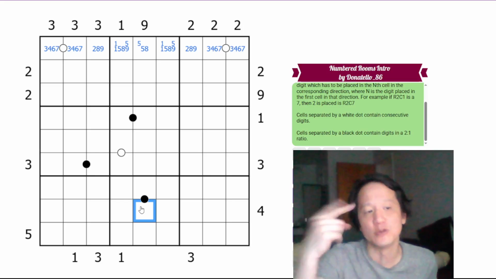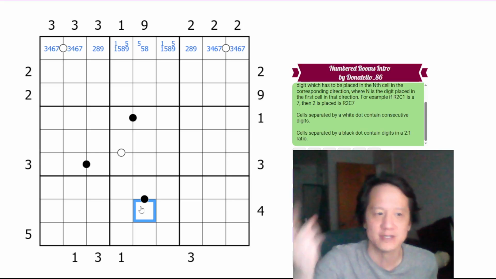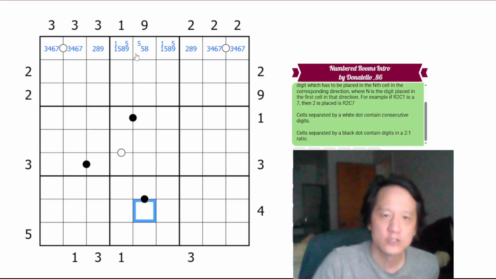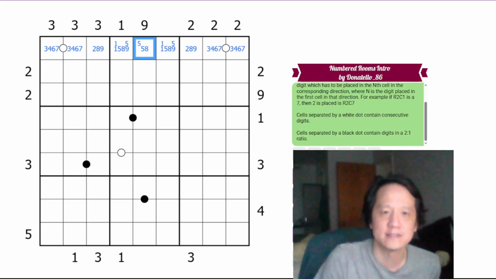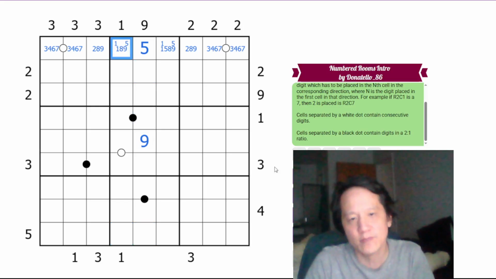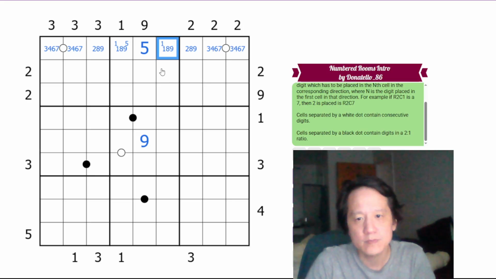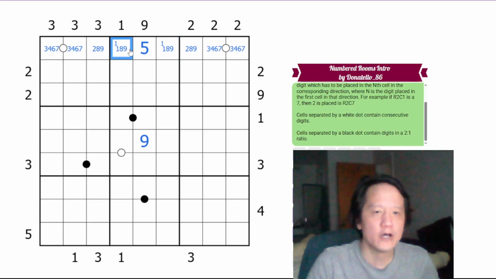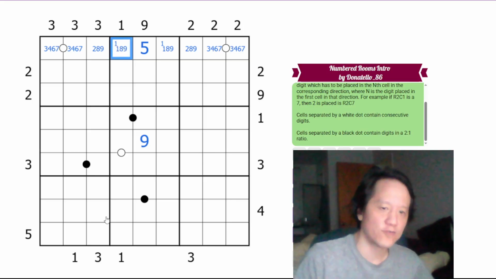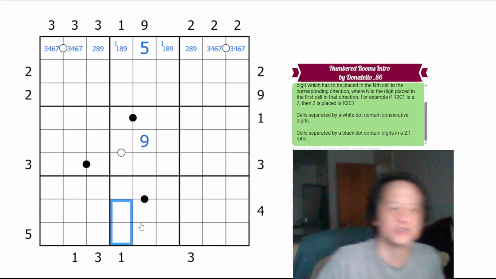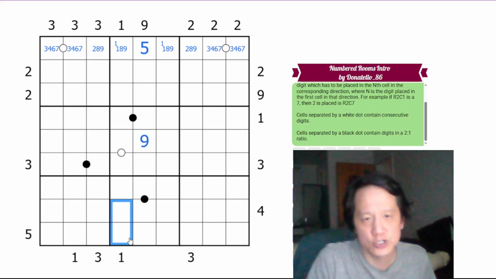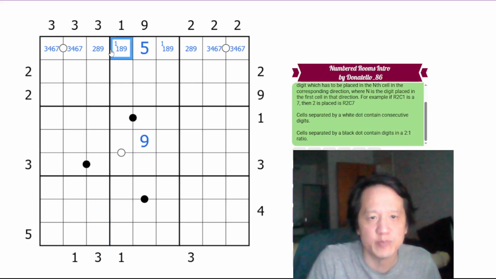And you can't double 9 to get another digit because double of 9 is 18. So this cannot be 8. This has to be a 5. So 9 is in the 5th spot here. So this is 9. Neither of these can be 5. Therefore, 1 is either first or it's in the 8th or 9th position. We're not sure which. So these are still open to possibilities.